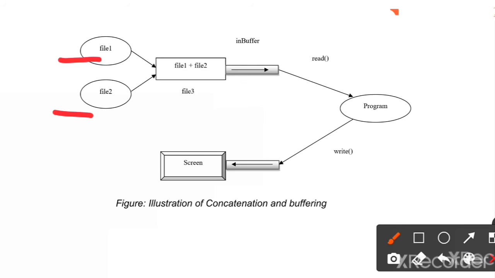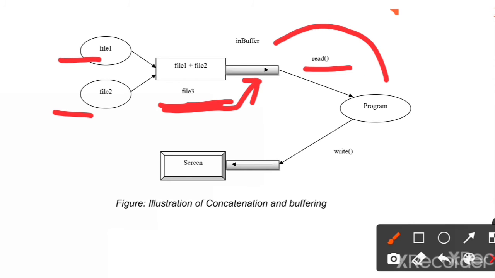And through the SequenceInputStream, we are going to create the combined stream which contains the content of both file1 and file2, and this is linked to a temporary storage area, that is inBuffer. And then using the read method, we are reading the content from this buffer into our current program, and then from the program the content is written into the output stream.